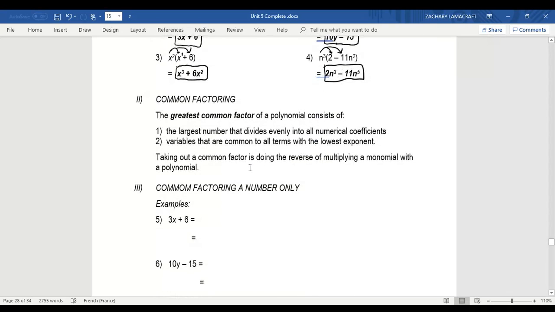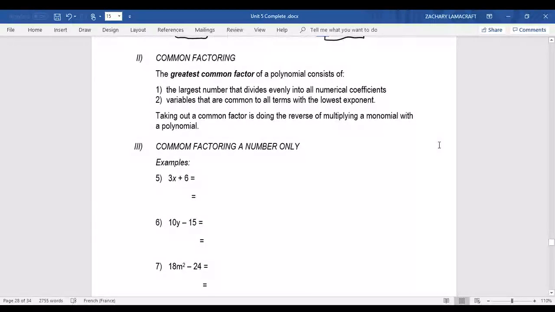So now we're going to get into what we call common factoring, or we talk about the greatest common factor, or the GCF. You'll probably see that quite often. So that is basically the largest number that we can divide each term by, okay? So that's important to note.